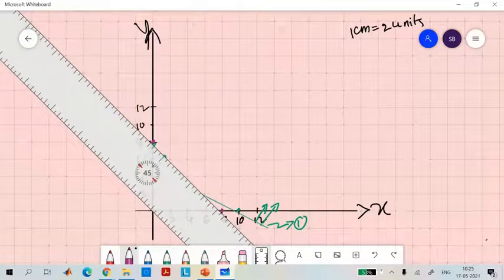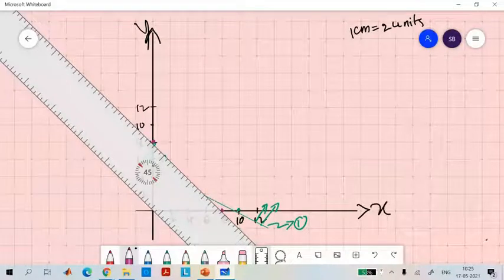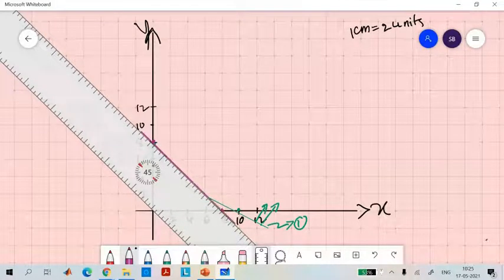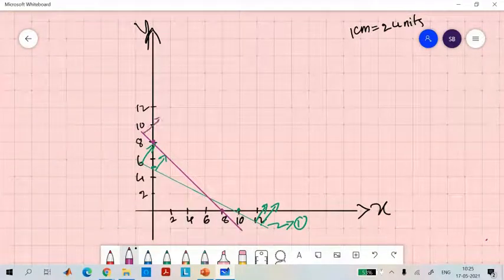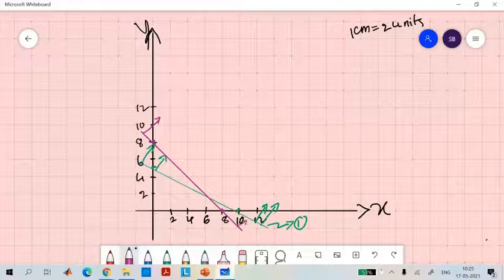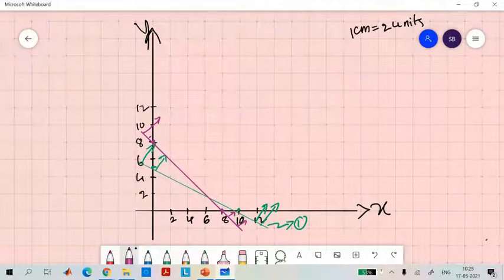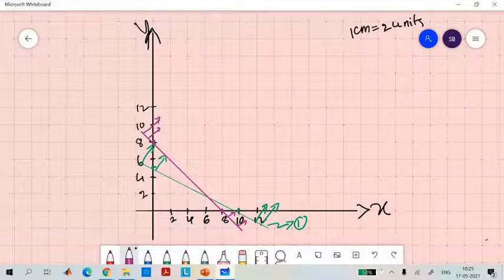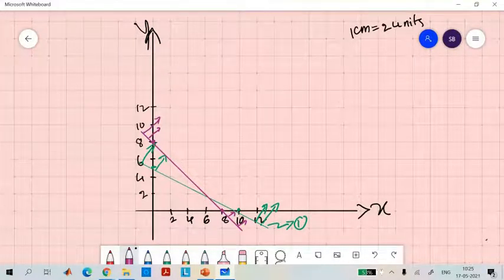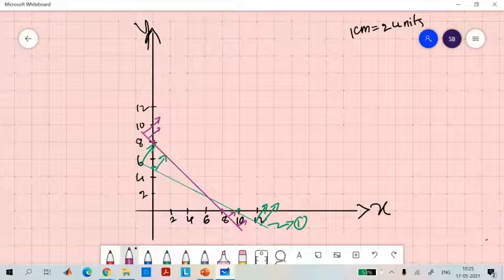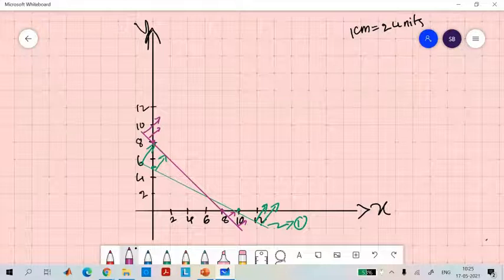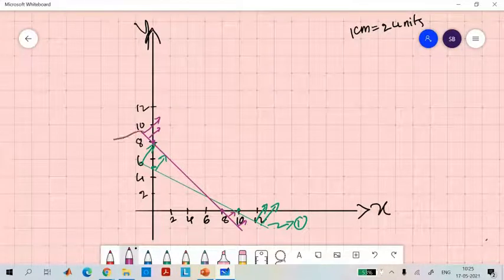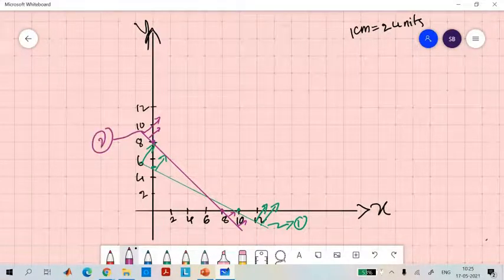Again, this line is greater than or equal to, so it should be shown above. In the first class we studied that if the sign is greater than or equal to, the direction should be away from the origin. If it is lesser than or equal to, it should be towards the origin. This is the second equation.